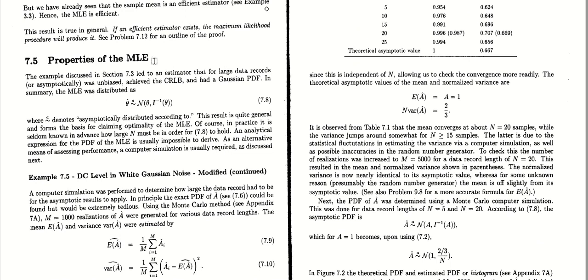We now know the MLE is asymptotically unbiased, achieves the CRLB, and has a Gaussian PDF. In fact, those things are all properties that we like about an estimator.